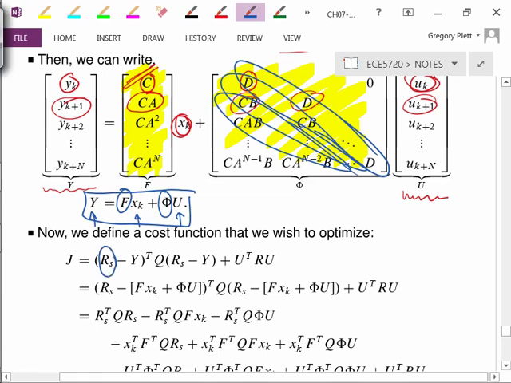RS is the desired final value for y. You could think of it as a desired trajectory here. It's a vector the same size as y.